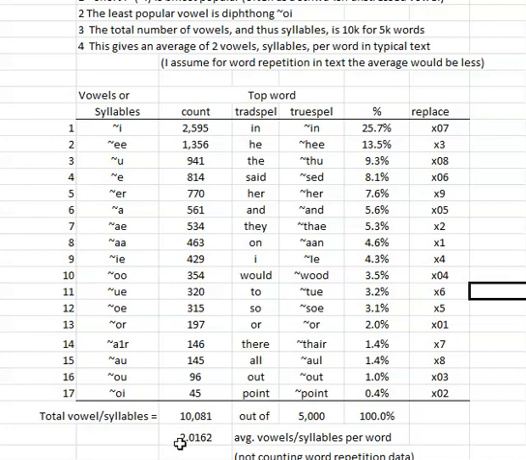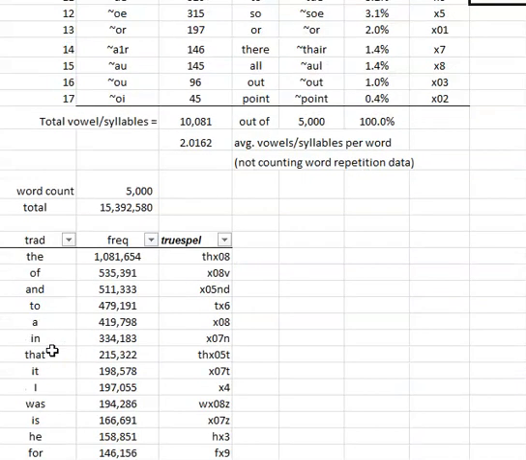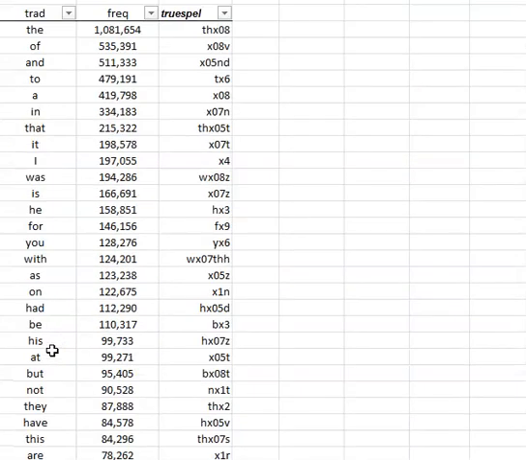So that's interesting. Over all these words that we use and all these 4 and 5 syllable words that we use, there are so many 1 syllable words. And if you look down here at the top 1 syllable words, the has 1 million, of has this many, and has that many, to, that's a lot of sounds.